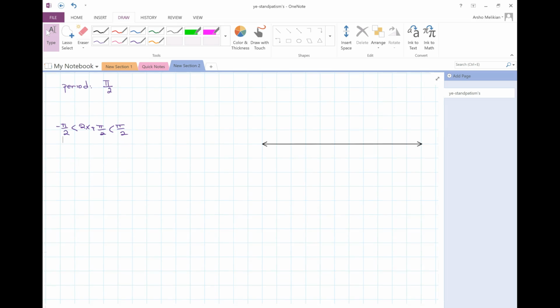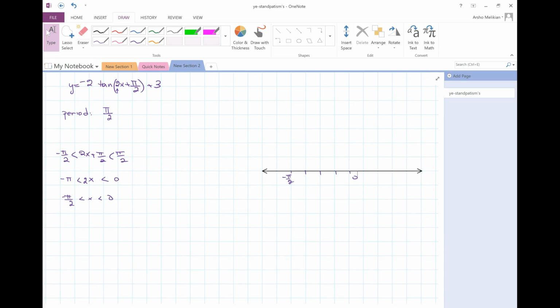So now, if I subtract pi over 2 from everywhere, here I get negative pi less than 2x less than 0. And if I divide by 2, then I get negative pi over 2 to 0. Okay? So here is negative pi over 2, 1, 2, 3, 4, 0.